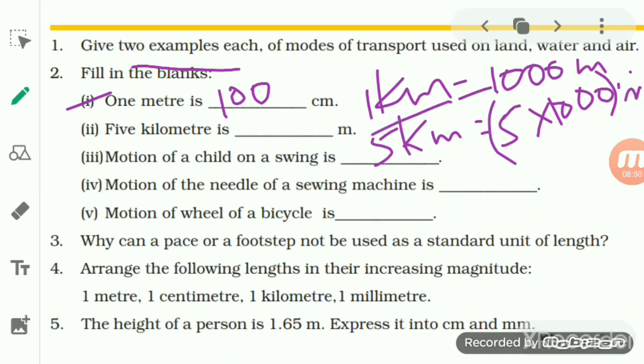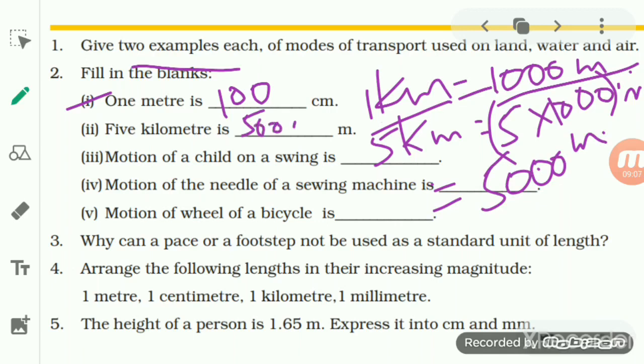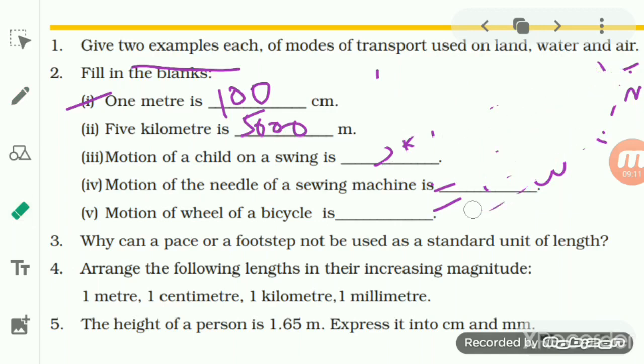So 1 kilometer is equal to 1000 meter, and 5 kilometers is equal to 5 into 1000 meter. So this will be equal to 5000 meter. So the answer here will be 5000. Now see the next one.